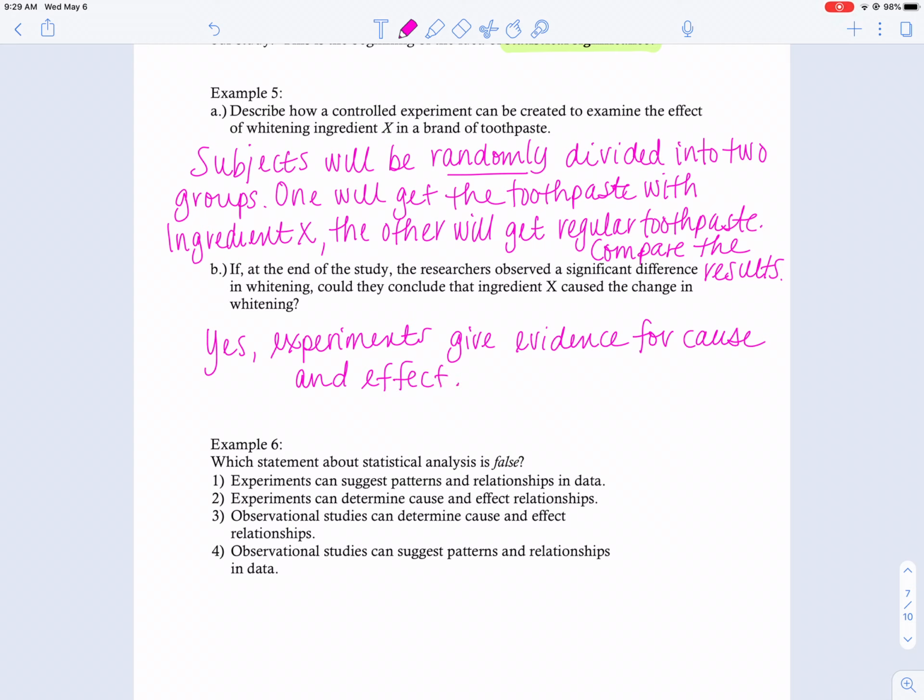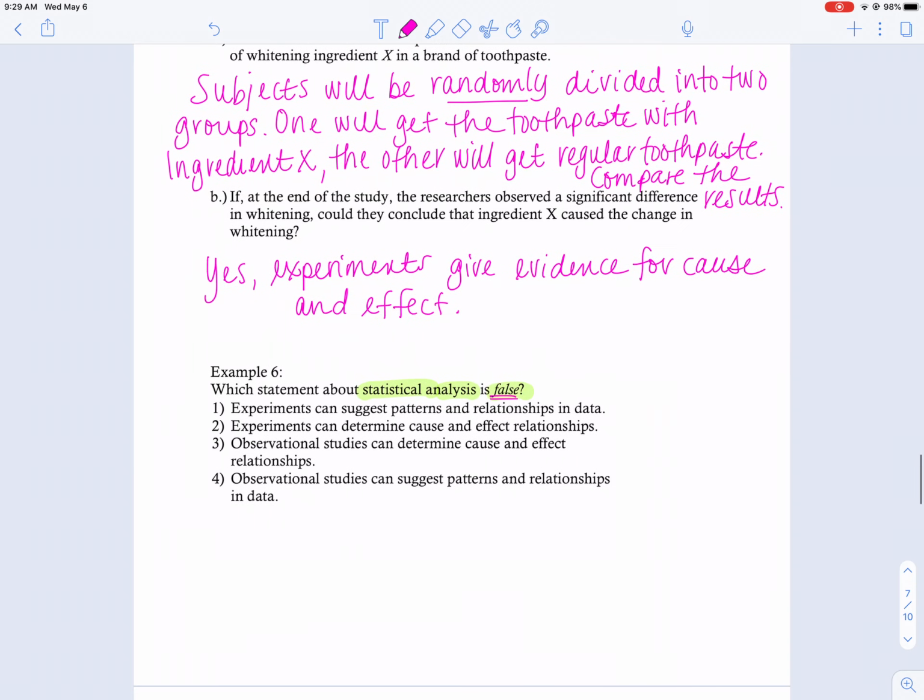Okay. In number 6, it says, which statement about statistical analysis is false? So, false. What does it say? Experiments can suggest patterns and relationships in data. Sounds good. Experiments can determine cause and effect relationships. We just said that, yes.